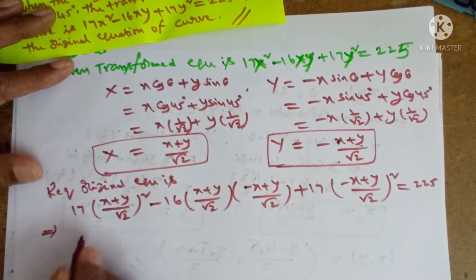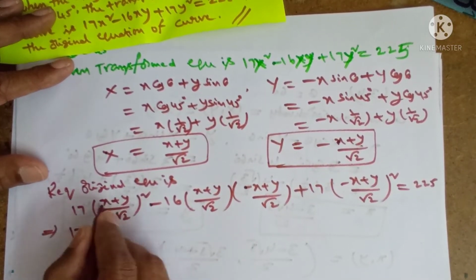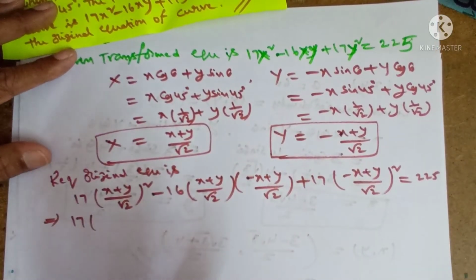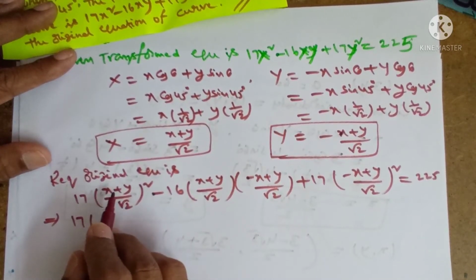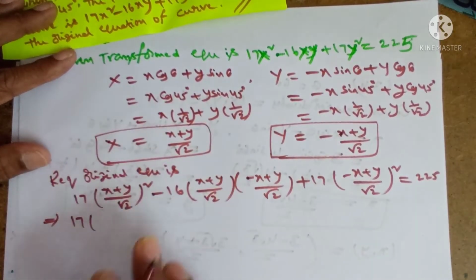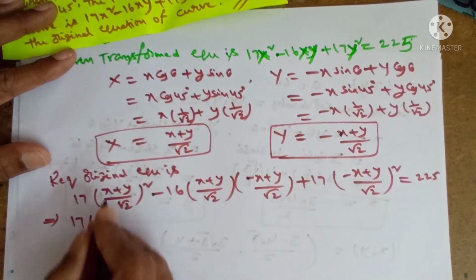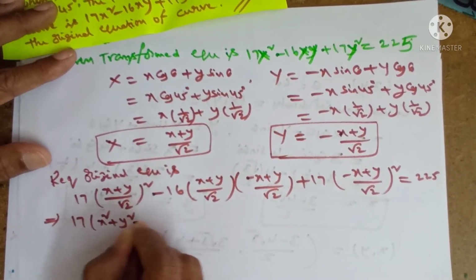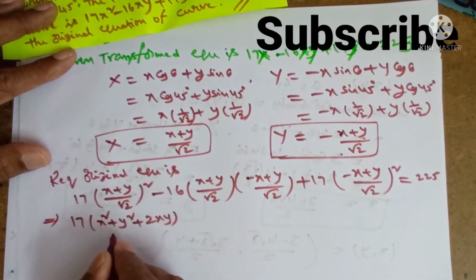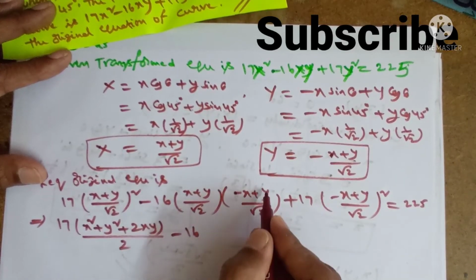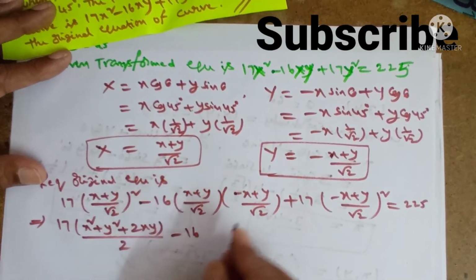Here there is a simplification. 17 into, this is numerator a plus b whole square. Here to get the final result, we have to remember the a plus b whole square and a minus b whole square formulas. This is a plus b whole square: x square plus y square plus 2xy, by 2, root 2 whole square. This is y minus x, this is y plus x.